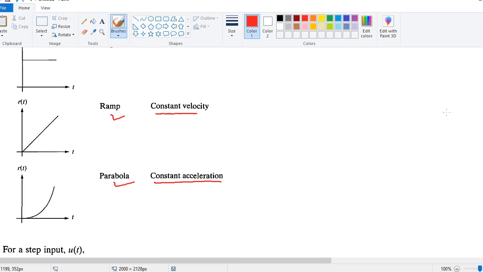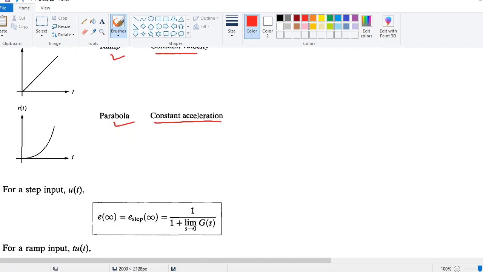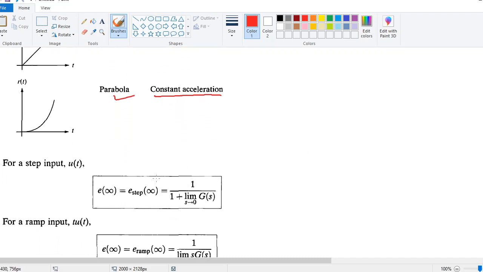So when we learned, we said that for a step input, the error E of infinity is equal to 1 divided by 1 plus limit s tending to 0 of G(s). This is a calculation that we made. If you look at the first and second videos for this module, you will see how we derive those outputs.